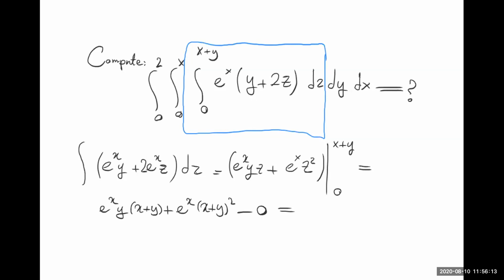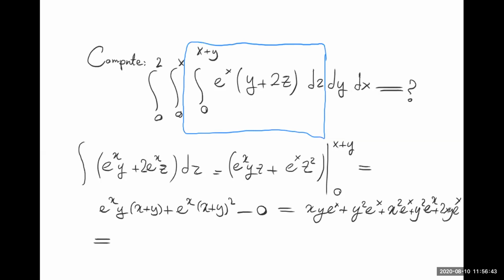Well, this is equal to, I could, yeah, that's correct. We could bring e to the x outside of the integral too. That is correct because it's constant with respect to z. So it is equal to xy e to the x plus y squared e to the x plus x squared e to the x plus y squared e to the x plus 2xy e to the x.